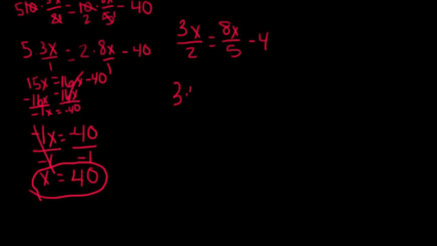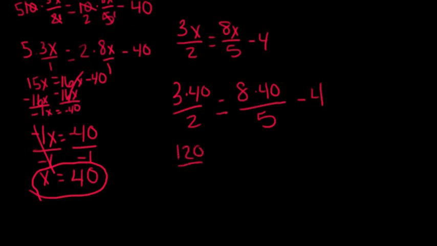So 3 times 40 over 2 is supposed to be equal to 8 times 40 divided by 5 and then subtracting 4. So 3 times 40 is 120 divided by 2 is equal to 8 times 40, which is 320, divided by 5, and then subtracted by 4.